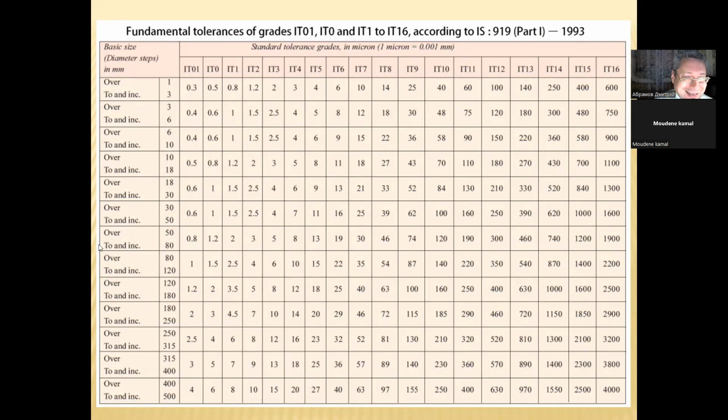We use this interval to calculate D suffix M. D minimum is equal to 50 millimeters and D maximum is equal to 80 millimeters.